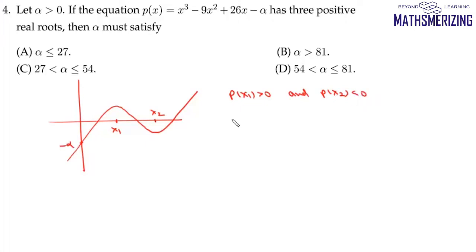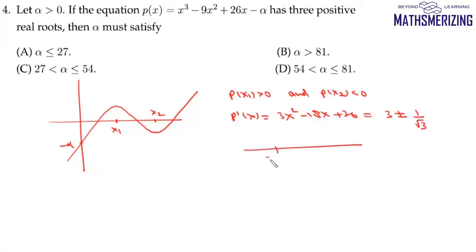So what we'll do is we'll find its critical points. So if we find P dash x, it'll be 3x square minus 18x plus 26, and if we put it equal to 0, we'll get the value of x as 3 plus minus 1 by root 3. Now we'll put it on a number line.